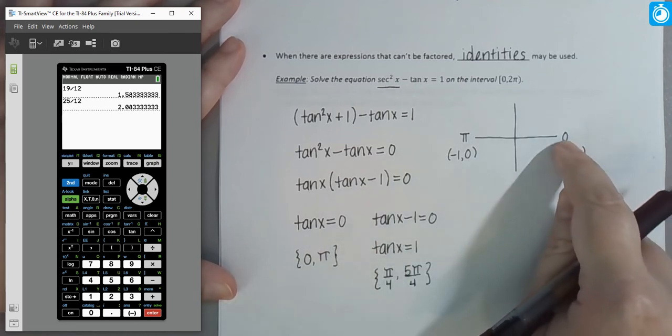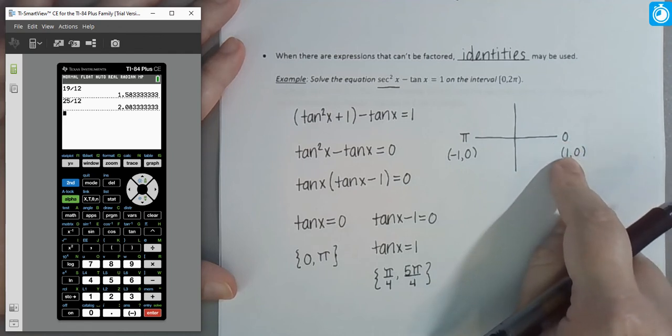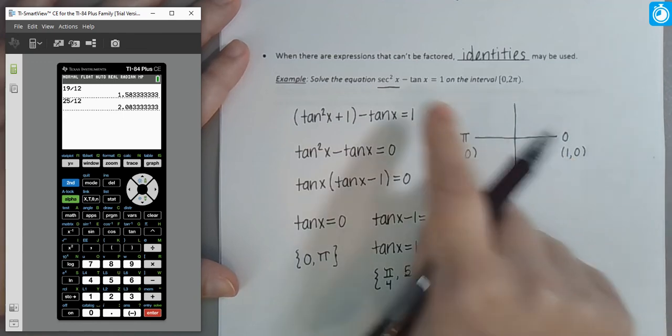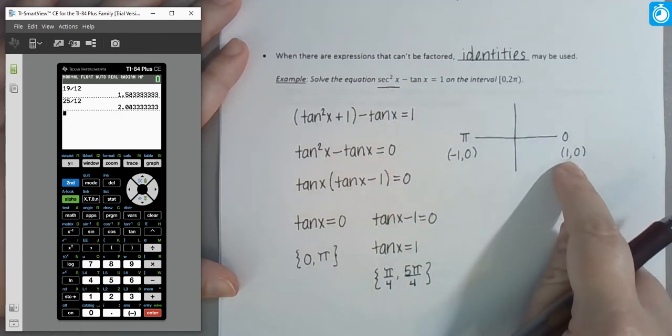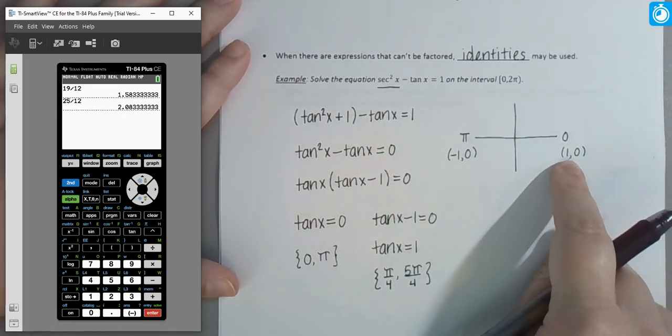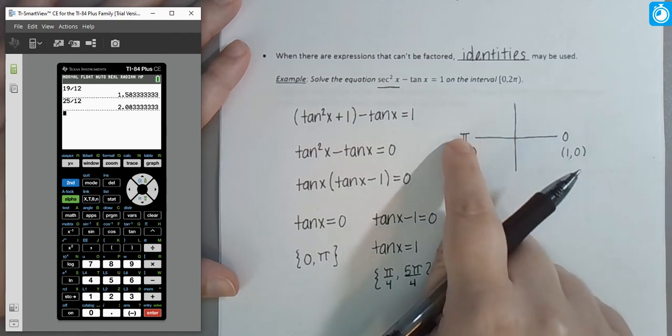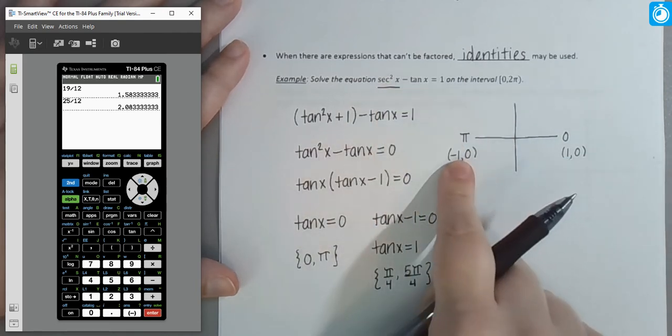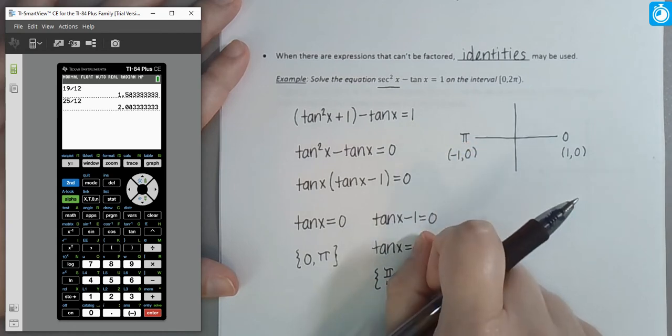So at 0 radians, our cosine is 1. If we take its reciprocal, it's still just 1, and so the secant is defined there. The cosine is 1 and the secant will also be 1. Now at pi, the cosine has a value of -1, so the secant is its reciprocal, which is also going to be -1. So secant is perfectly fine there.